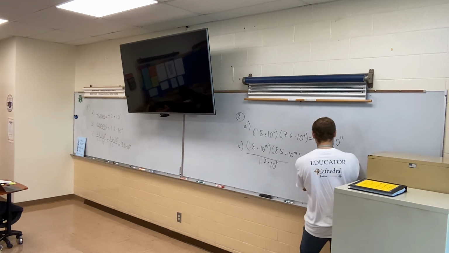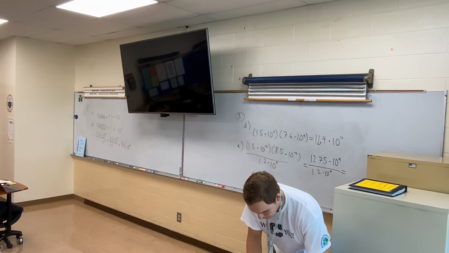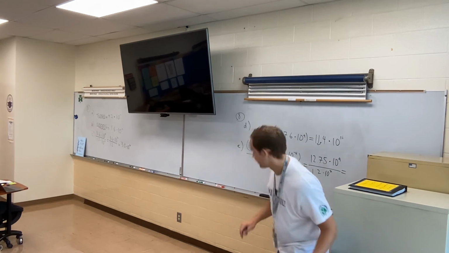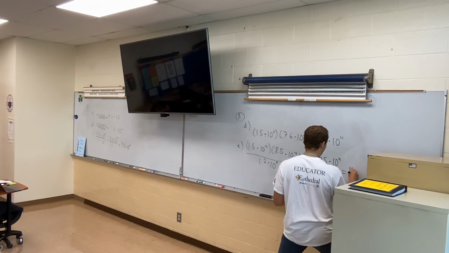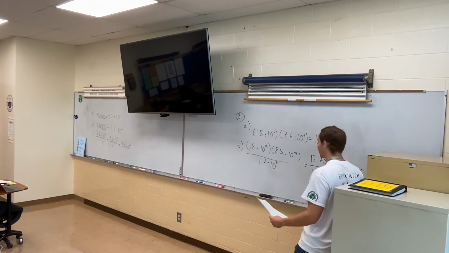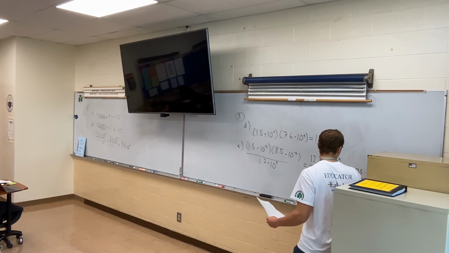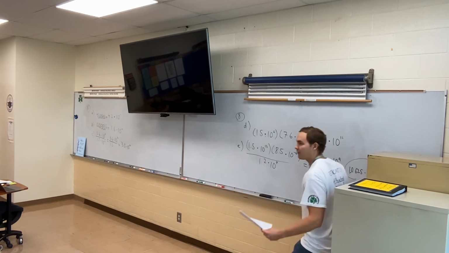Okay, these two exponents get subtracted. 12.75 divided by 1.2 is 10.625. Oh my gosh. Times 10 squared. And then this needs to be less than 10, so I'm going to move the decimal place over to the left. This gets up by 1. Final answer. Is that confusing anyone?